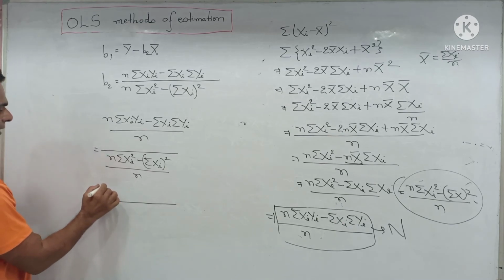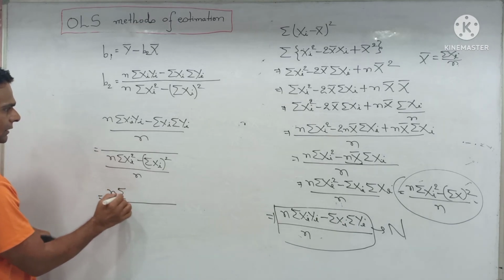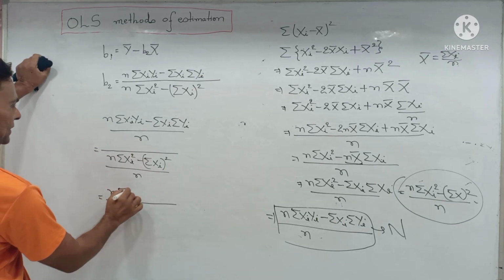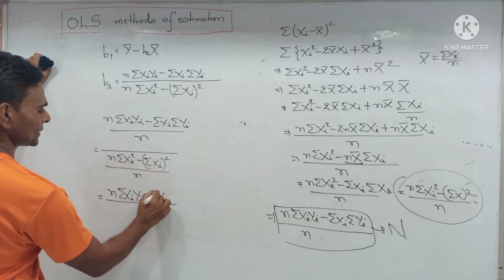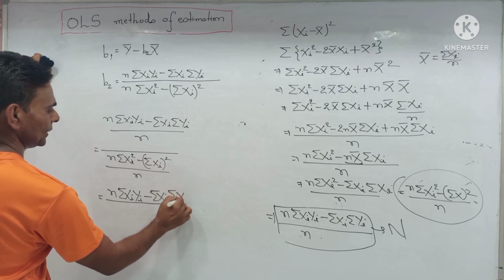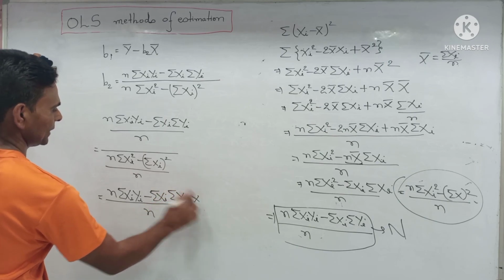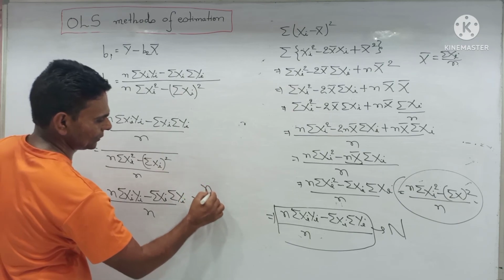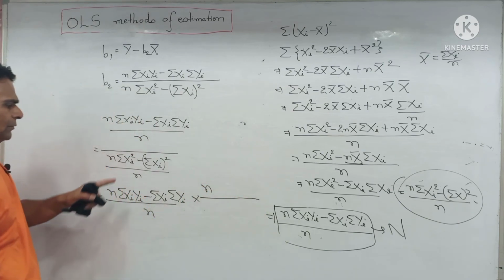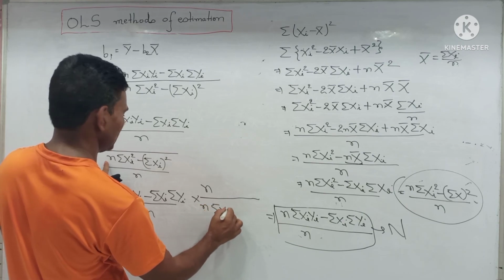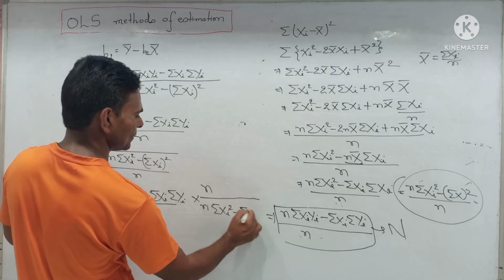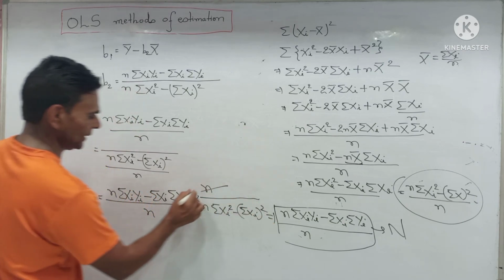This term is written as it is: summation of xi yi minus summation of xi summation of yi over n, and this n moves into the numerator: n times summation of xi square minus summation of xi whole square. n cancels.